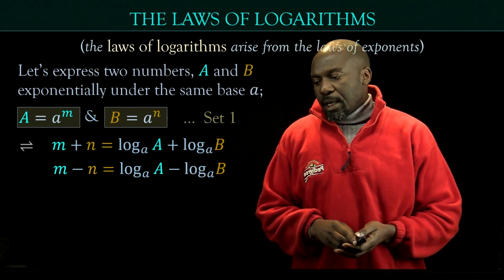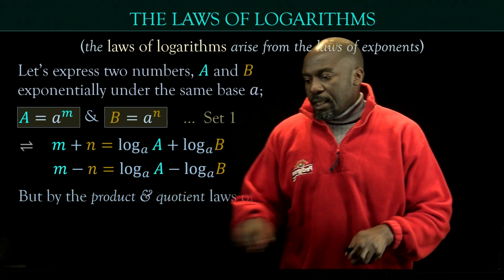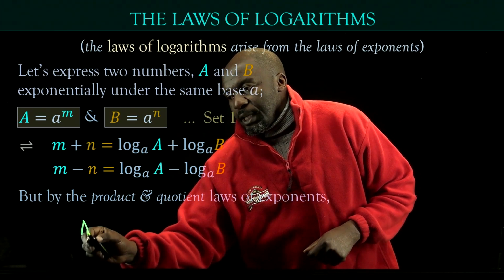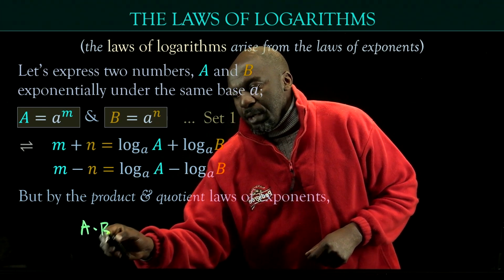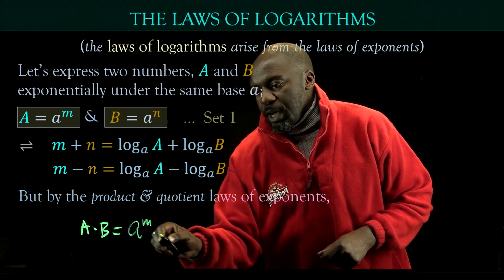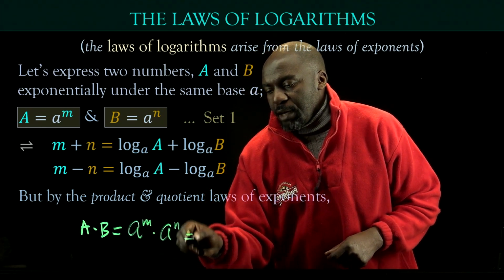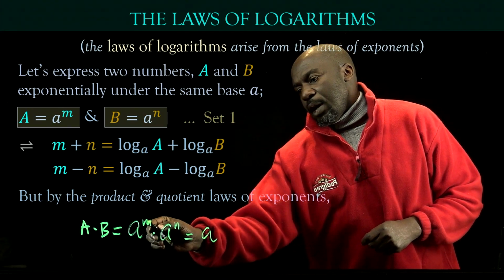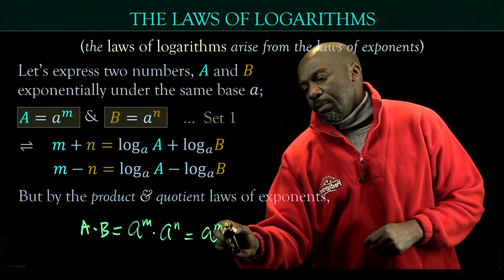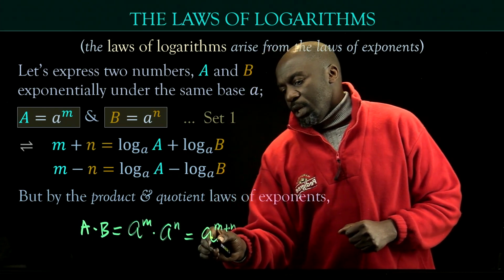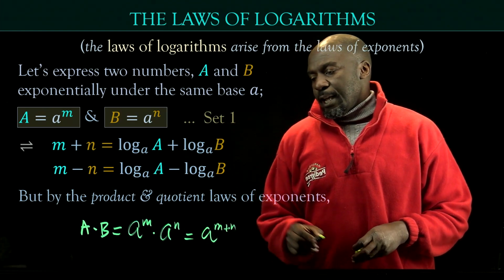Because if I take a and multiply by b, that is equivalent to taking a to the power m and multiplying by a to the power n, and by laws of exponents we know that that is a to the power m plus n, like that. So I know that a times b is going to be a to the power m plus n.